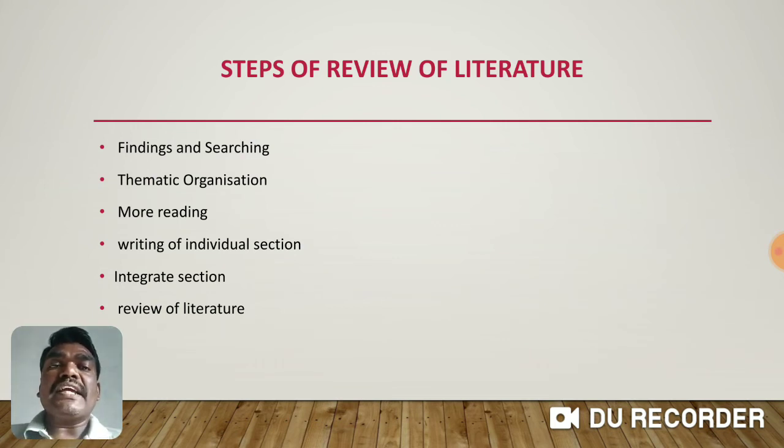After integrating all the sections, the researcher needs to write the entire literature review in his research report. So these are the 6 steps of literature review which a researcher needs to consider while taking a review of past literature in the study.